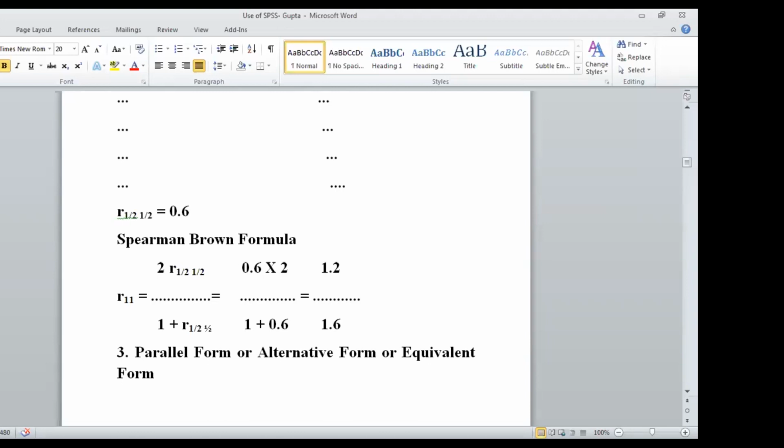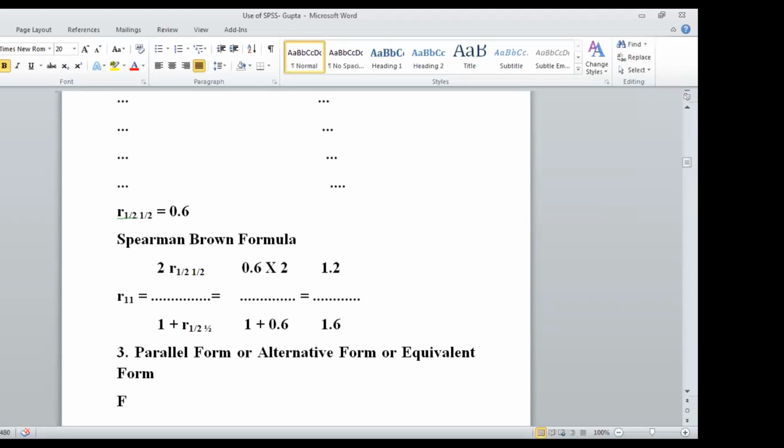So therefore, it is important that when you want to use a test for selection purposes, the parallel form method is the most appropriate method for establishing the reliability.